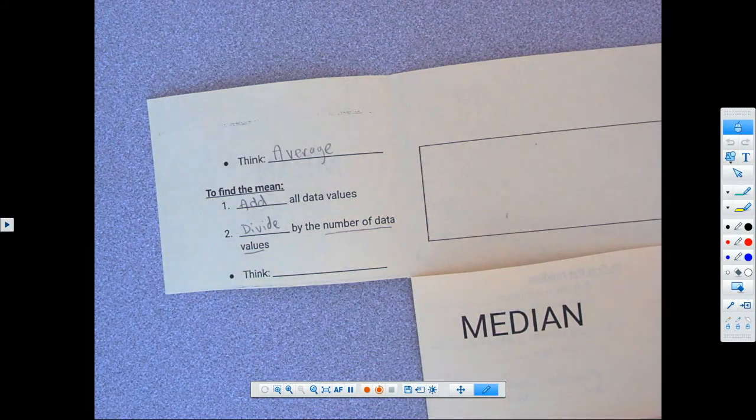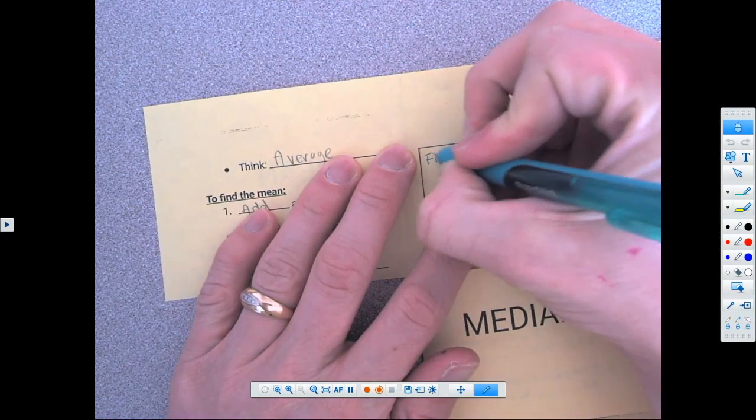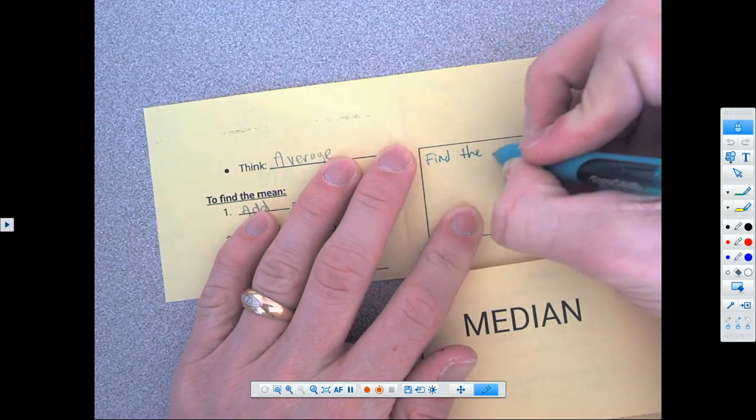So I'm going to give you some, let's say they're fake test score values, right? We're going to want to find the mean.